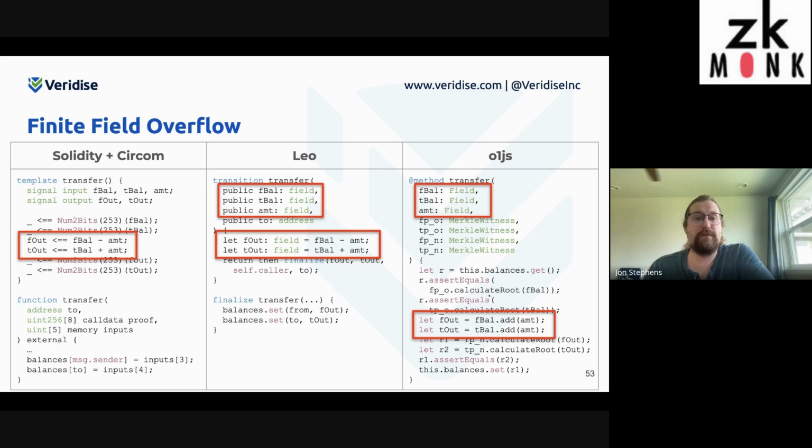And so there is a bit of a discrepancy in the semantics that you have in Leo and O1JS, where depending on the type that you're using, you may or may not have overflow protections. That can be good or it can be bad, because we saw cases where overflow protections could cause a denial of service. But in these cases, if you don't consider the fact that finite fields can overflow, you can have other logical errors.